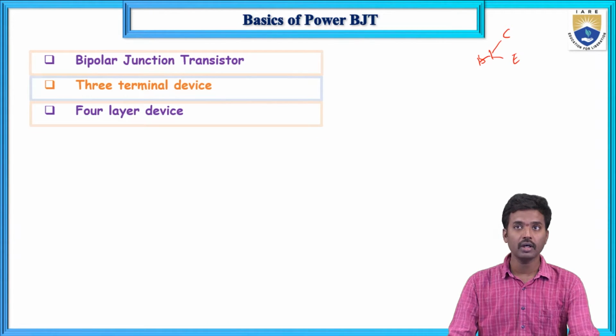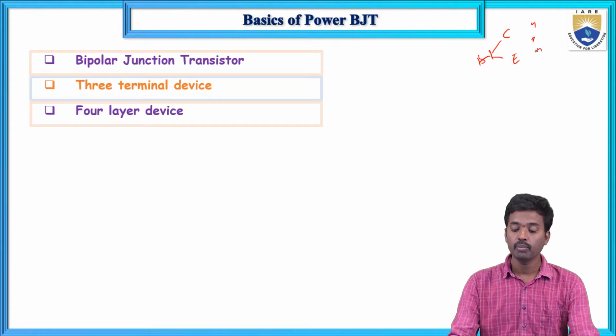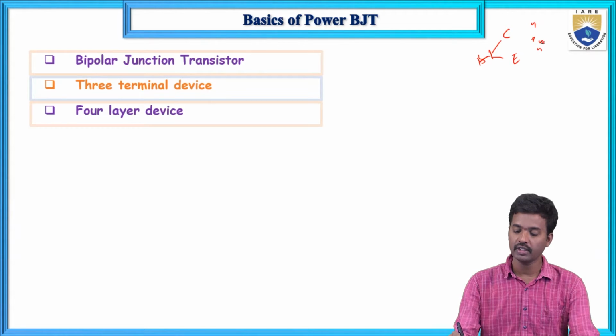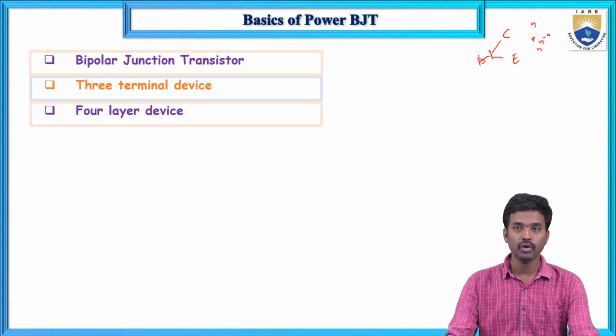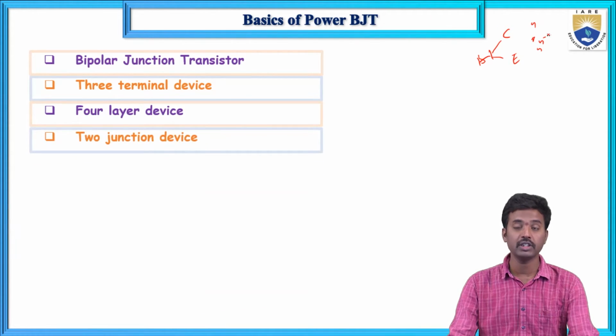In the conventional BJT, we have only three layers, N, P, N only. But here in this, we have four layers. Another extra layer is the N minus layer. So it is a 4-layer device. Next, it has two junctions.